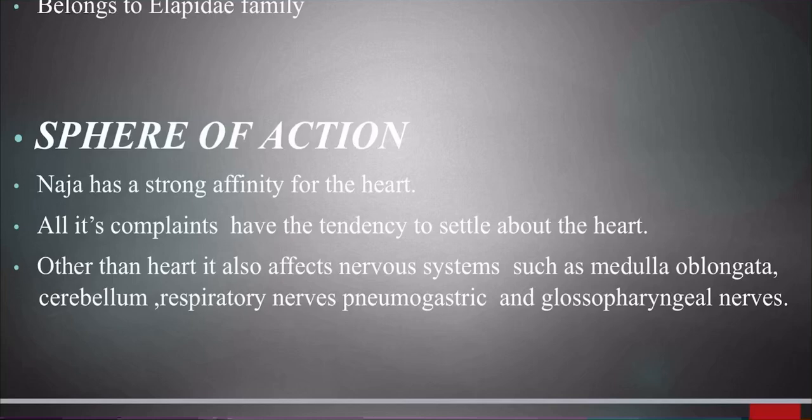Other than the heart, it also affects the nervous system such as medulla oblongata, cerebellum, respiratory nerves, pneumogastric and glossopharyngeal nerves. In the nervous system: medulla oblongata, cerebellum. Then coming down, the respiratory nerves, the pneumogastric nerve and the glossopharyngeal nerve.